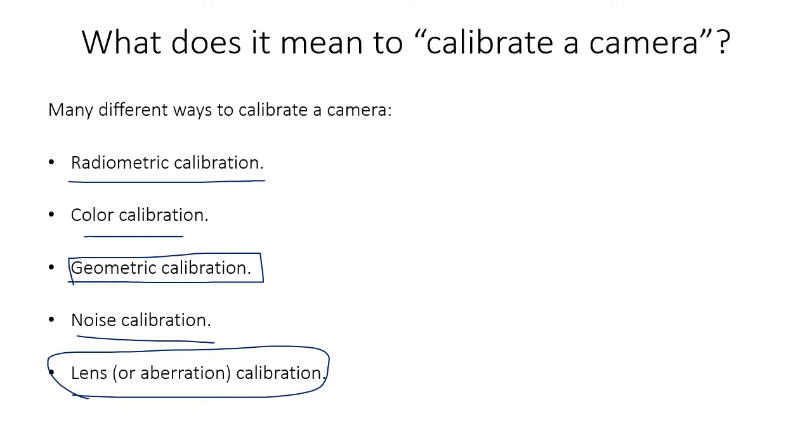So today I finish today's lecture. We understood the pinhole camera model and the camera matrix. Finally, we learned how to calibrate a camera. It is estimating the camera matrix, right?